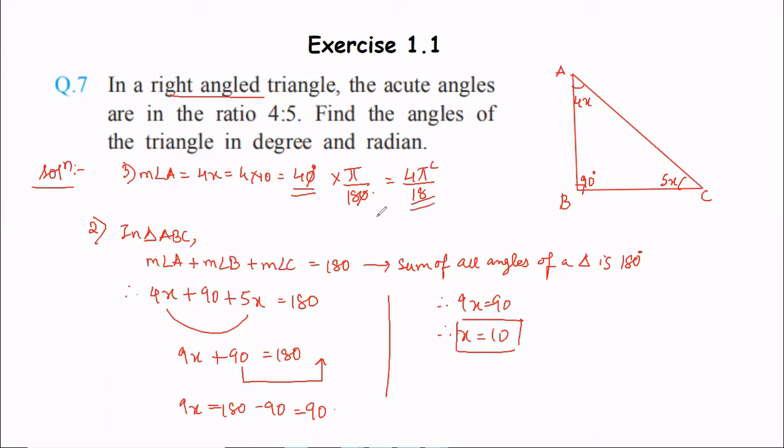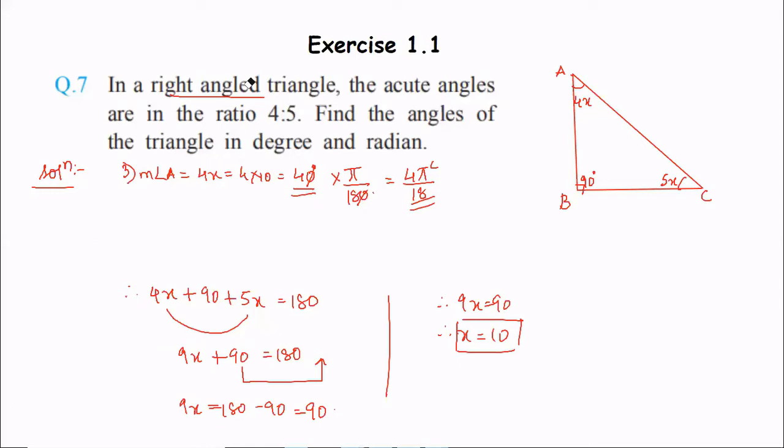Similarly, we need to calculate for angle C. Let's erase this. I hope you have copied it. You can rewind the video, pause it, and copy the following steps. Measure angle C is equal to 5x. So that will be 5 into 10, which is 50. 50 degrees is the answer.